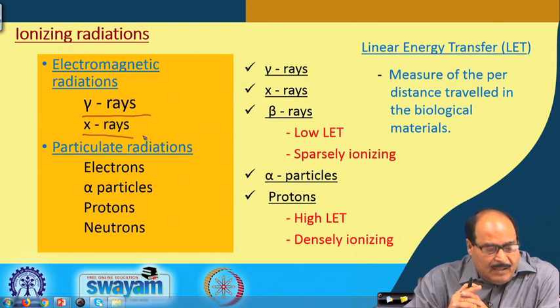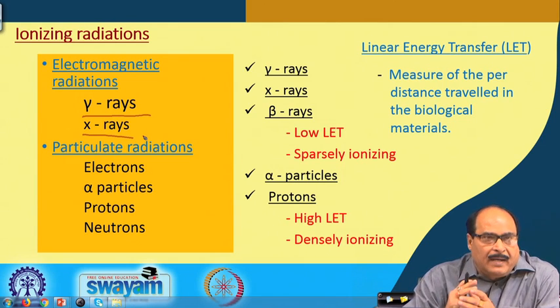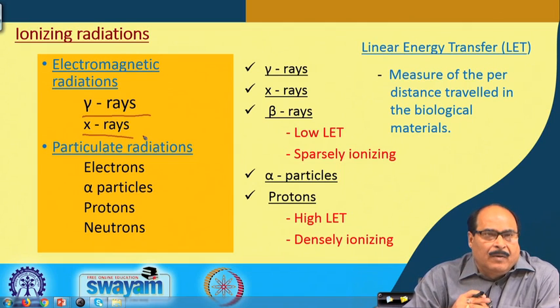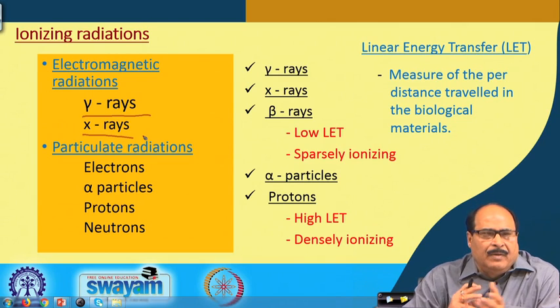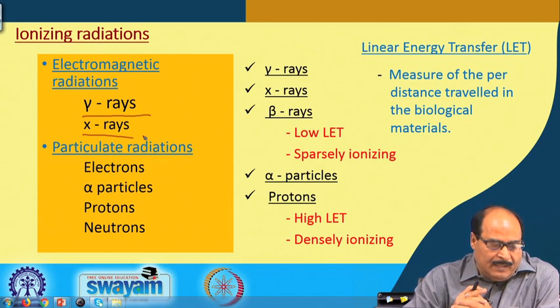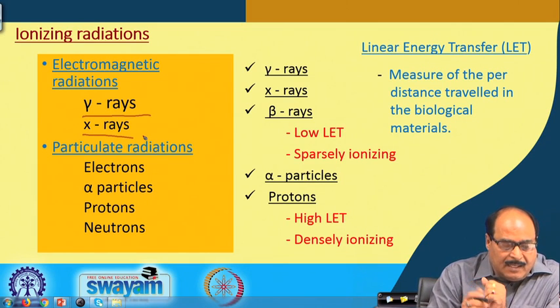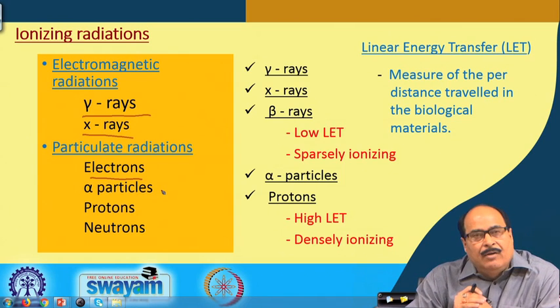X rays can be produced by a fast moving particle such as electrons when they are bombarded on suitable target materials, and they also have a range of energies. The other type of ionizing radiations may be particulate radiations like electrons, alpha particles, protons and neutrons.